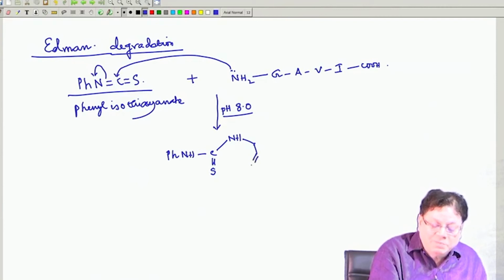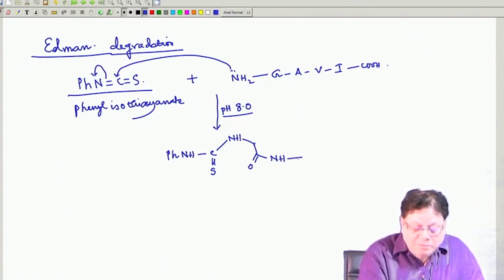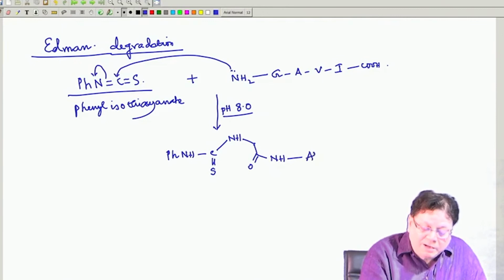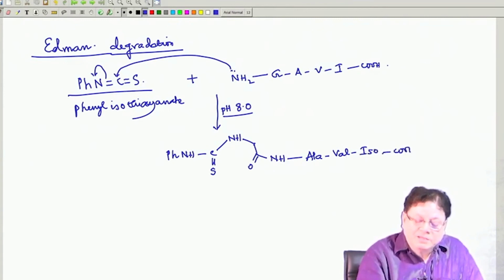There is a peptide bond between these two, so you have to write the peptide bond, because now we are entering the selective cleavage of the peptide bonds. So, this is your first peptide bond, remember, and then you have alanine and valine, and then isoleucine and then the carboxylic acid.